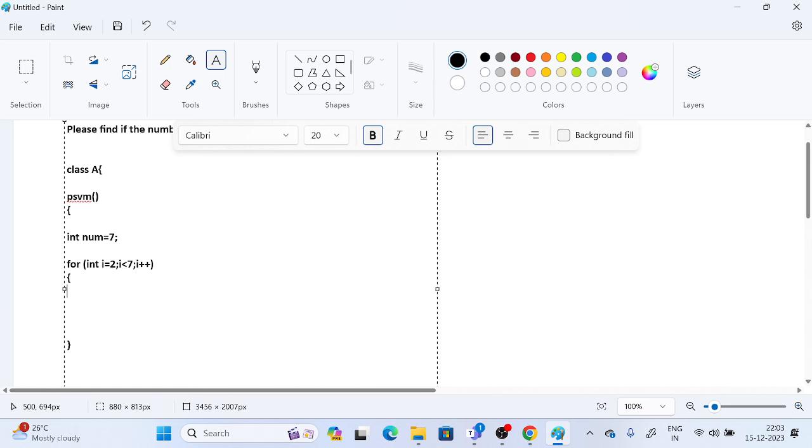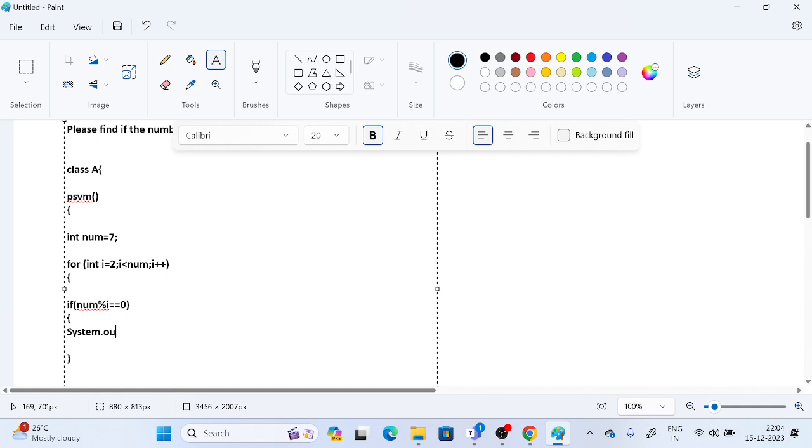Right? From here, what am I to do? I am using an if condition to check. So instead of 7, I can just write it as num. What am I checking? Check if num modulo i, because we want to find the remainder, is double equal to 0. So what am I writing?